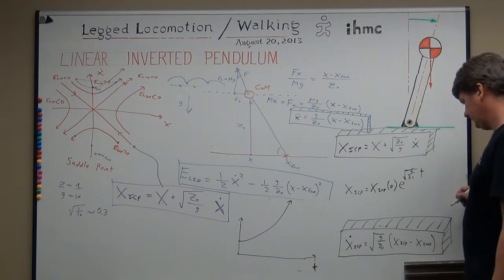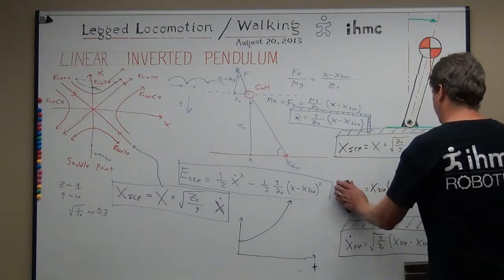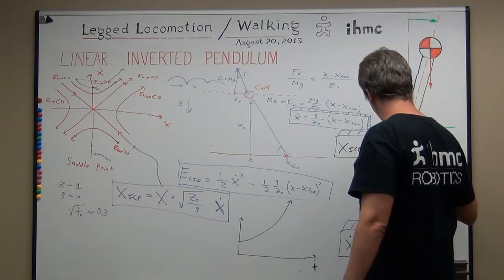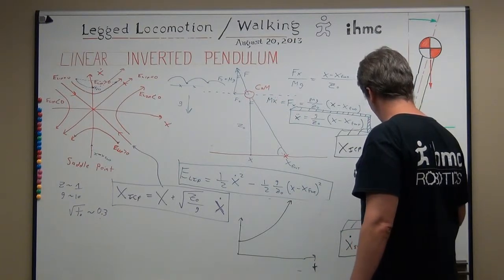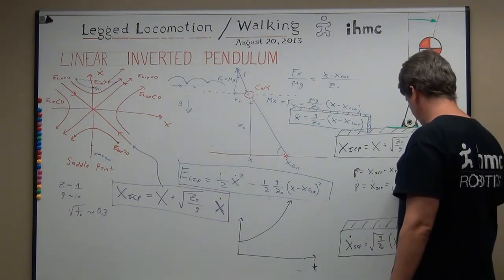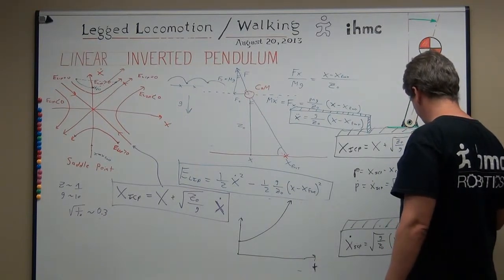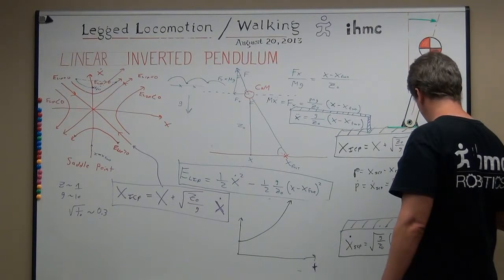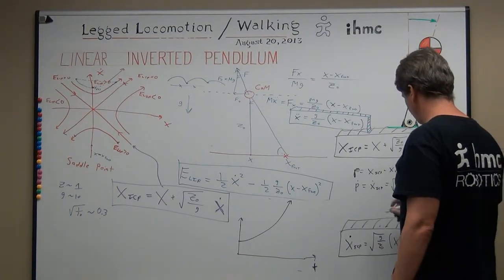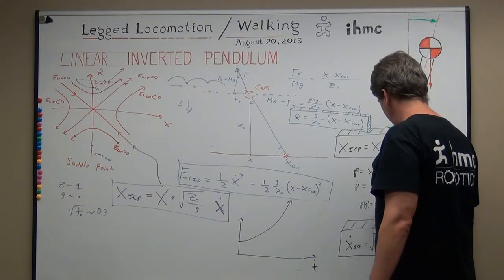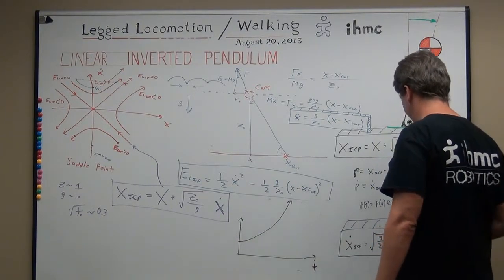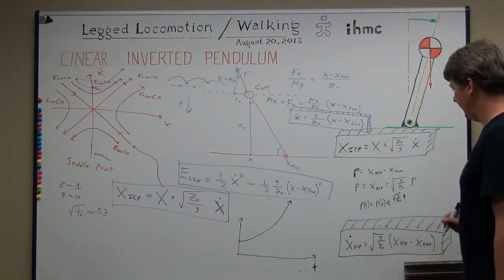Let's let P equal XICP minus x foot. Then we still have P dot equals x dot ICP minus x foot dot, which is 0 because the foot's not moving, which equals square root of g over z naught times XICP minus x foot, so P dot equals square root of g over z naught times P. You could plug it all back in there.